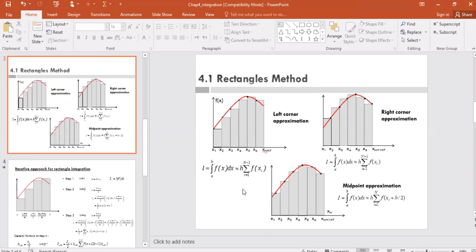So the rectangle method consists of approximating the integral by a sum of rectangles.